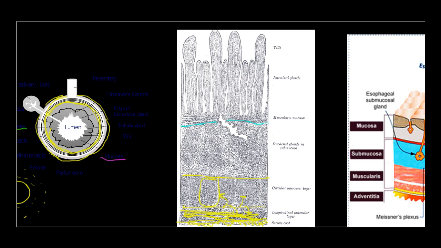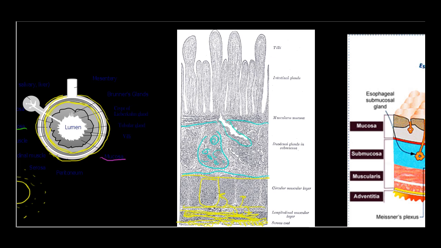So we have the muscularis externa layer down here, and then the submucosal layer here. In general it doesn't contain glands, but in the duodenum and in the esophagus there are glands. These are all glands right here, and this is a gland too.